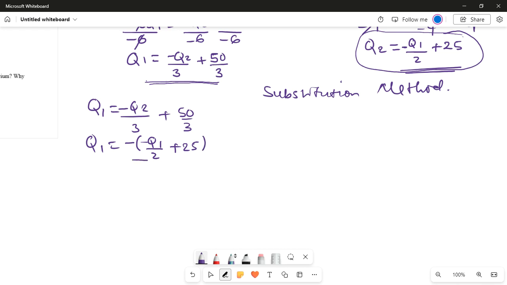We are dividing this by 3, and then plus 50 over 3. So what we've done is just substituting. What is Q2, we put back what Q2 is. So this then means that we can just open the brackets.